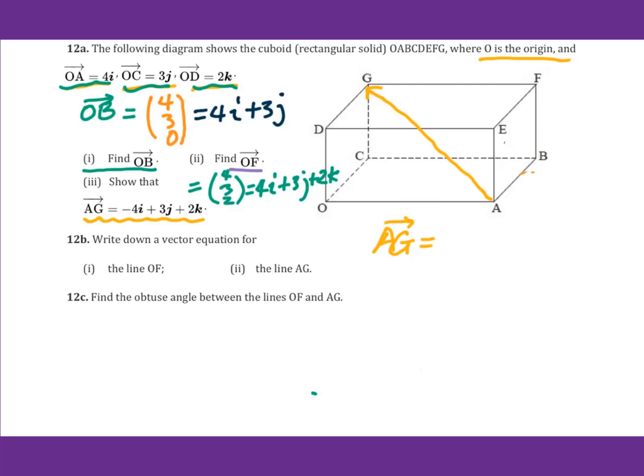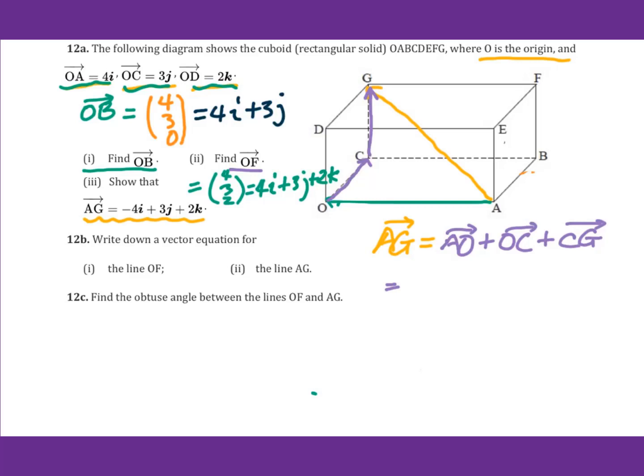I will go from A to O first, then from O, I go to C. From C, I go to this G. So we write down AO plus OC plus CG.